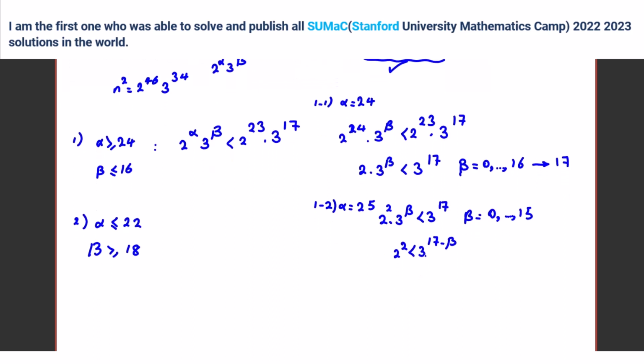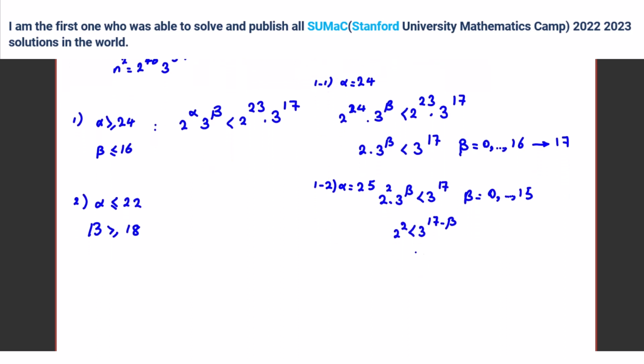So you should find first the power of 3 that is greater than this, right? So 2 cubed for the next case is less than 3 to the 17 minus beta, right? So beta can be what to what? 0 to 15.